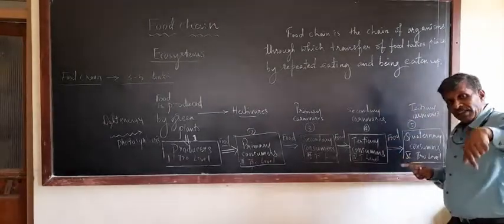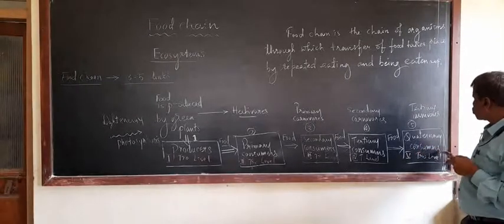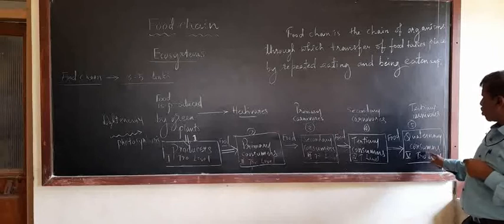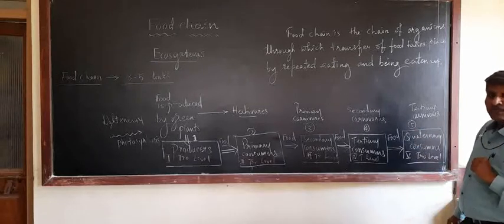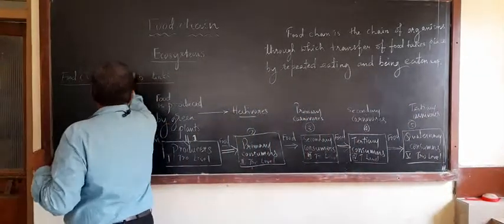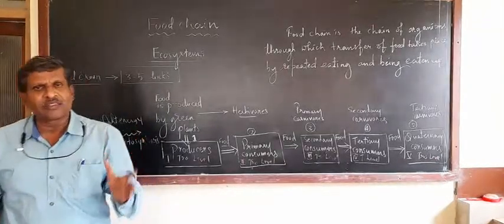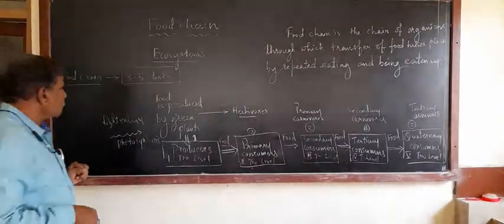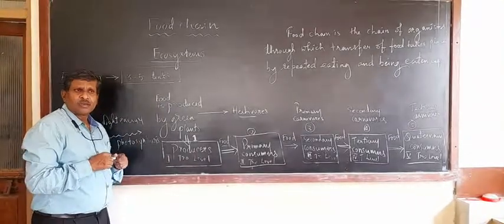Suppose by chance quaternary consumers are also there in the ecosystem, then these quaternary consumers usually form the 5th link. That is why we usually say that 3 to 5 links are present in the food chain of naturally existing ecosystems.